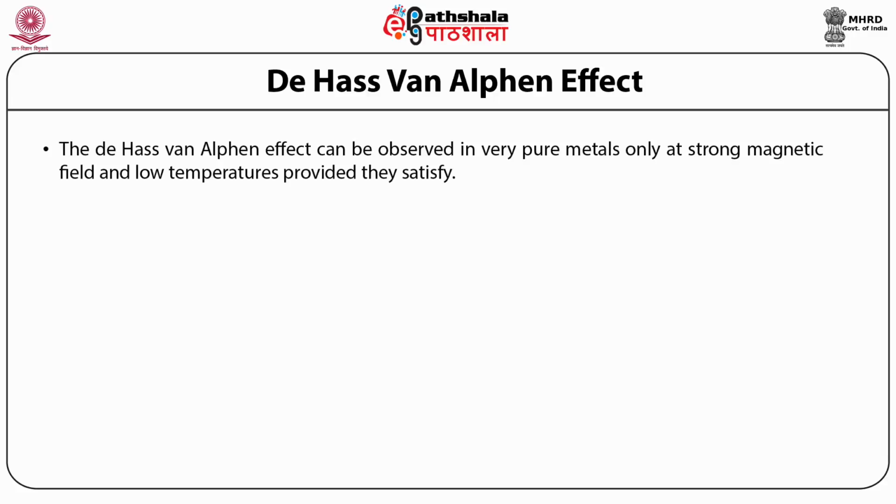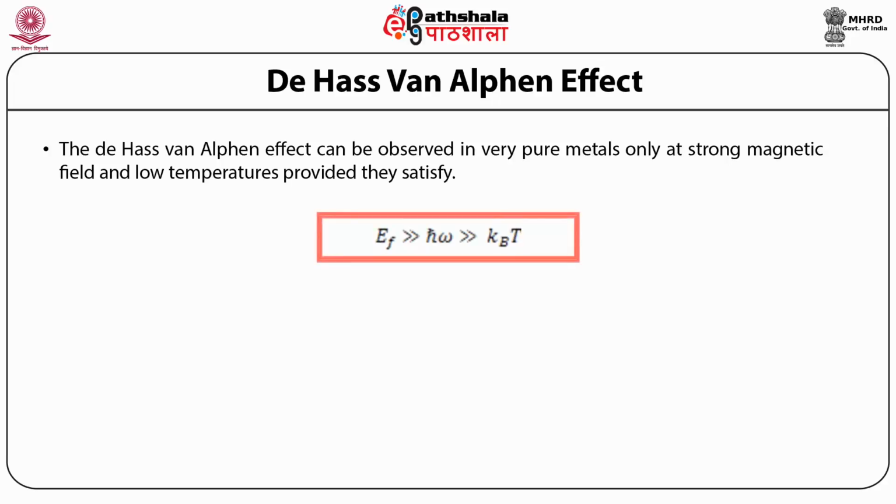The de Haas-van Alphen effect can be observed in very pure metal only at strong magnetic field and low temperature, provided they satisfy that Fermi energy is greater than ħω and greater than kBT.